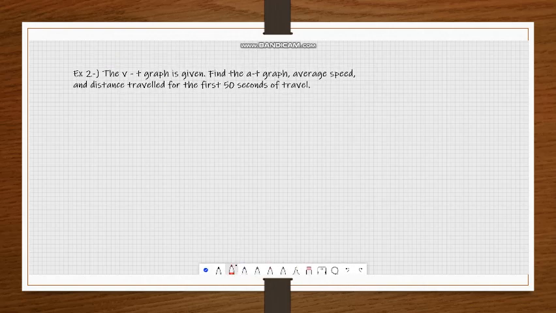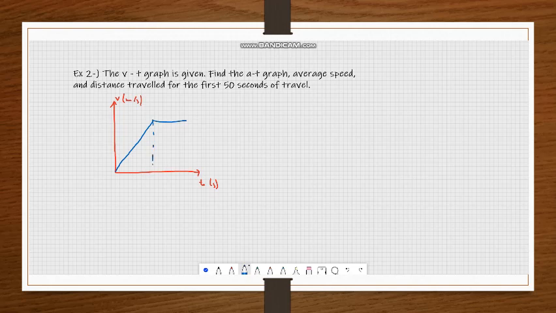The question graph is given as these. Time is again in seconds, and the velocity here is in meters per second. The graph is a straight line, then after that it is constant.